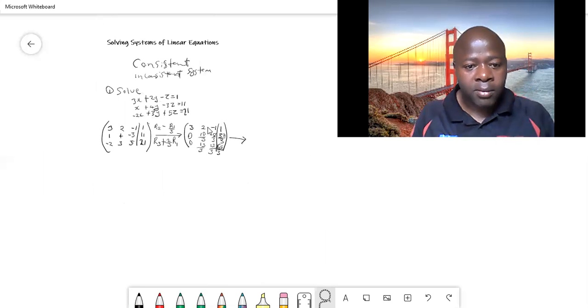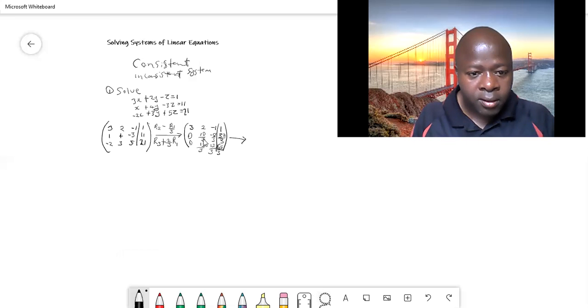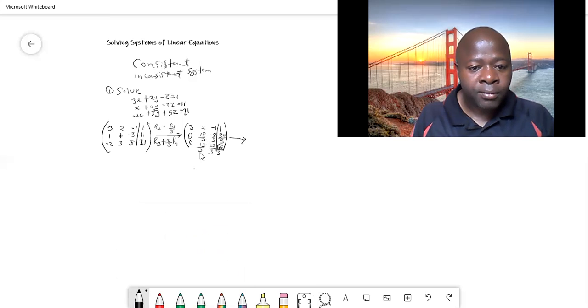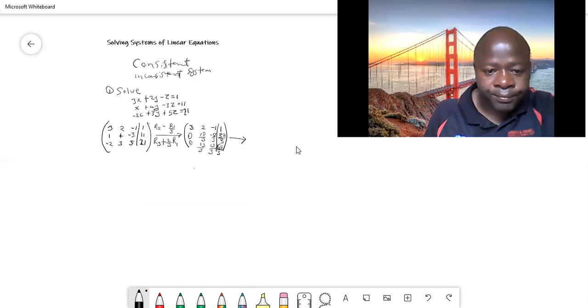So our second element in this diagonal is 10 over 3. That 10 over 3, we use it to create zeros in the elements below it. So we create a 0 here using that 10 over 3. Create a 0 in that position.